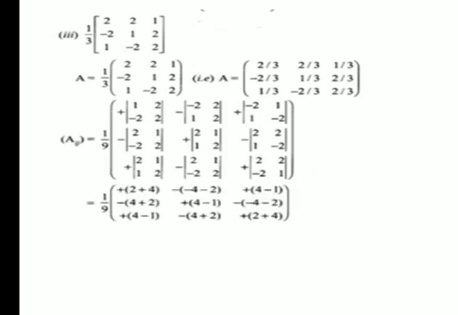After that you simplify this, and you get the answer as 1 by 3, 2, 2, 1, -2, 1, 2, 1, -2. Next, the adjoint of A is the transpose of Aij, so you change the row into column, and you get the adjoint of A.